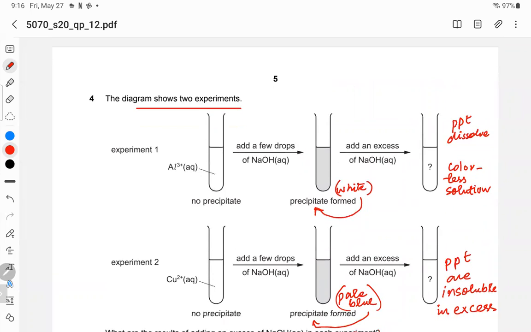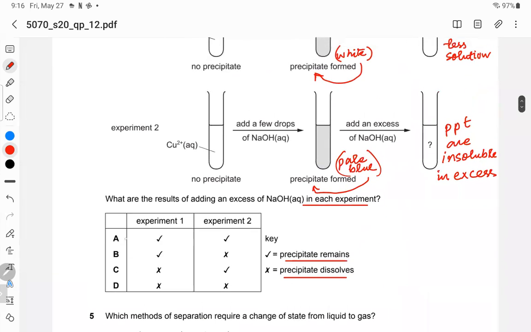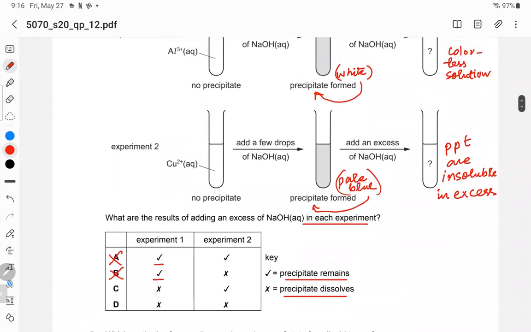So if the precipitate dissolves, then I can easily mark A and B wrong, because here they are saying the precipitate remains. Is this clear to everyone? Now we are left with C and D, and I can mark D as wrong, because in D they are saying in experiment 2 the precipitate dissolves, but in experiment 2 the precipitate remains.